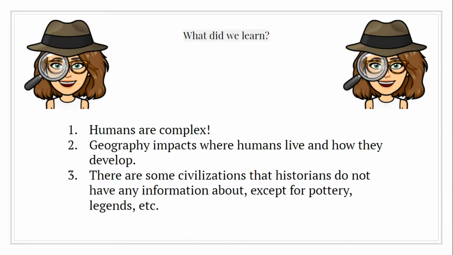And then lastly, there are some civilizations that historians don't have any information about unless it's through pottery, through legends, or through little random sites that could potentially be a house, for example.